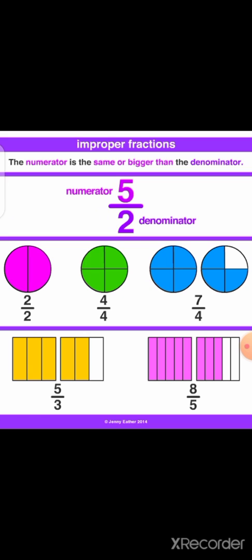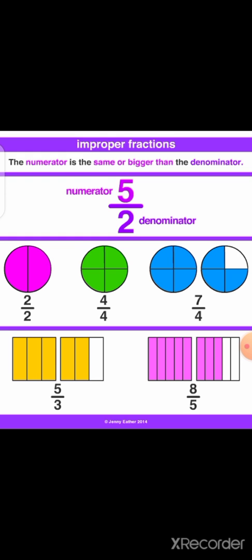But 5 is bigger than 2. It means when numerators are bigger and denominators are small, the fractions are called improper fractions. Or when numerator and denominator both are same, those fractions are also called improper fractions.